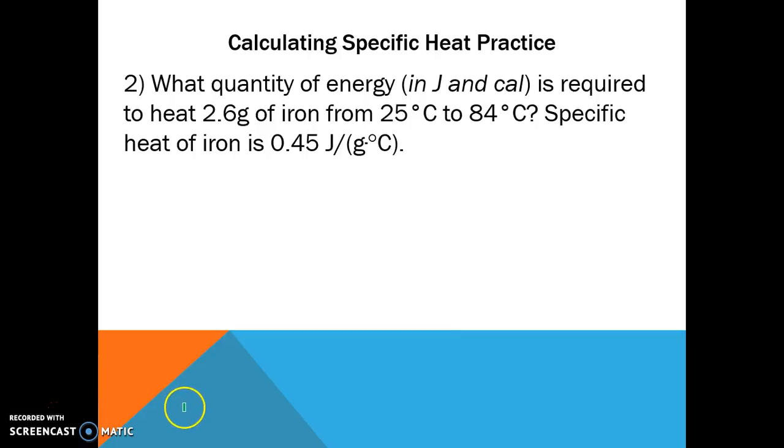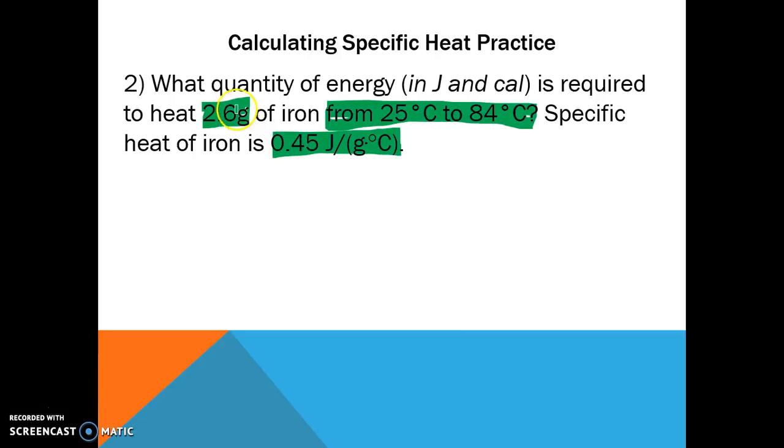So step one, I'm going to identify my givens and my unknowns. So I am given 2.6 grams. I'm given that it's from 25 degrees Celsius to 84 degrees Celsius. That the specific heat is 0.45 joules per gram degree Celsius.